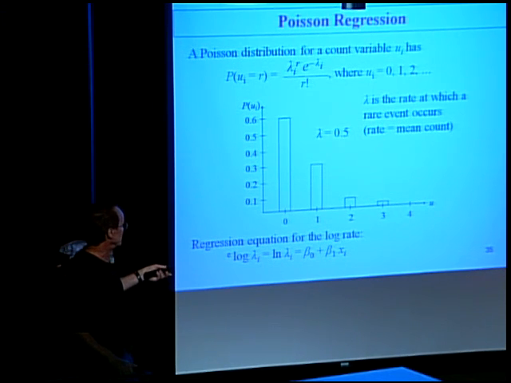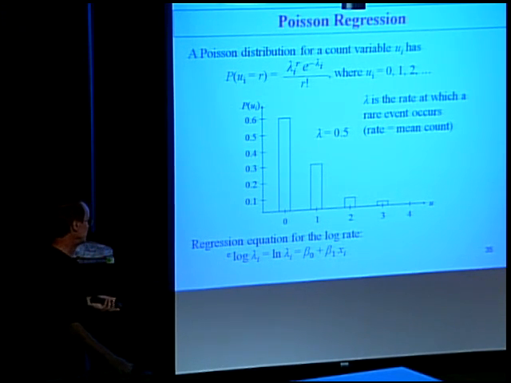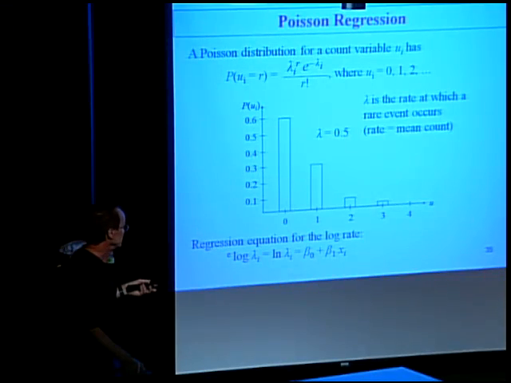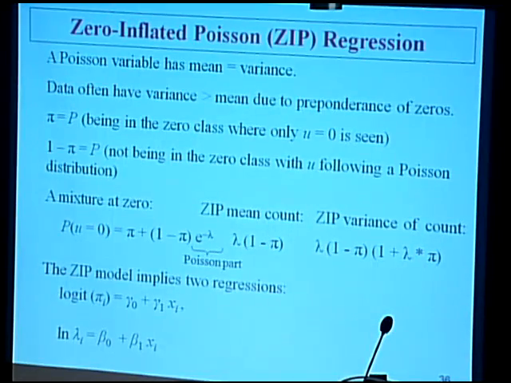So that's the probability of observing a u equals 0 count. Now, we also want to keep track of the zip mean count. That's important when we interpret our results later on. And the mean count with zip is not only lambda, as it was in the regular Poisson, but it's lambda times 1 minus pi. And you also have the variance here.